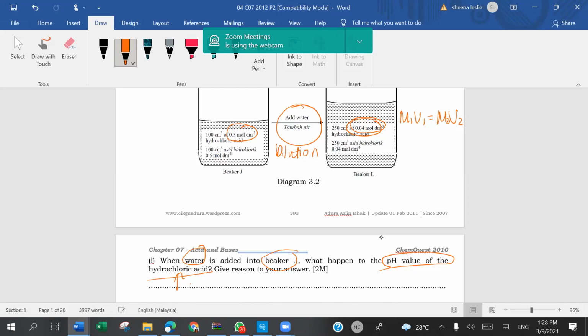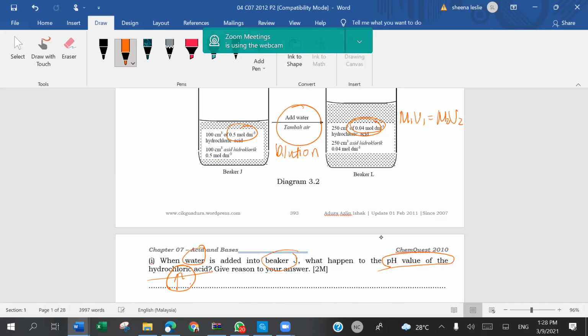So, it is increasing, yeah? Correct. Why increasing? Why must it increase? 1 mark more anyway, yeah? Because when add water, the acid releases ion.